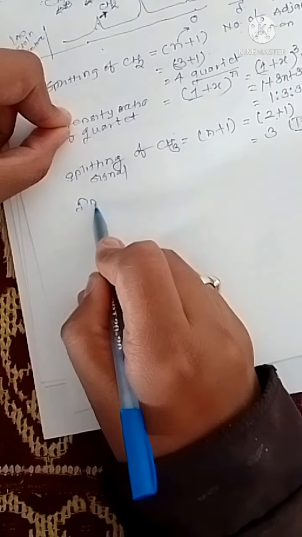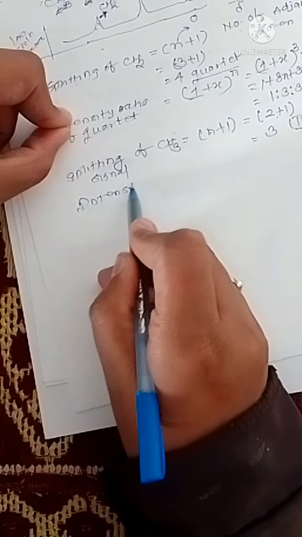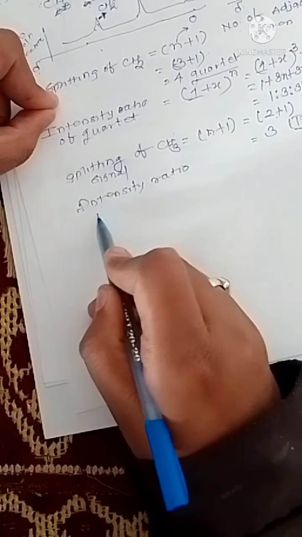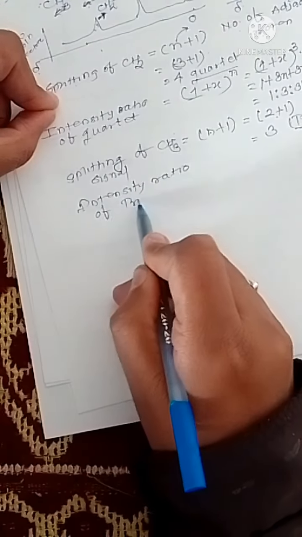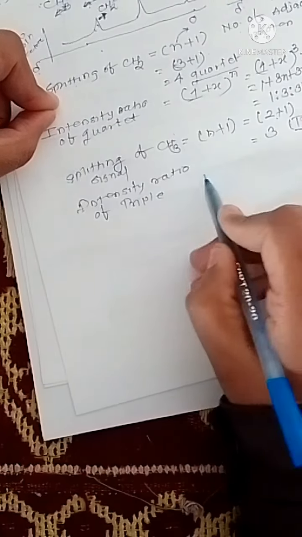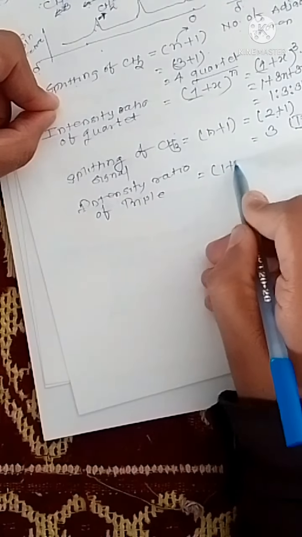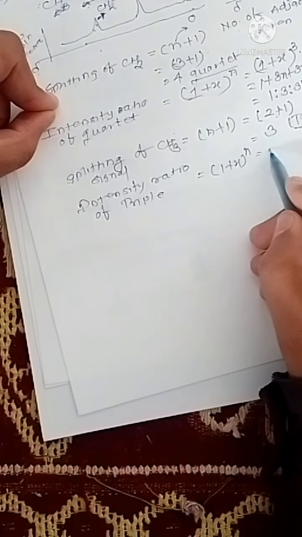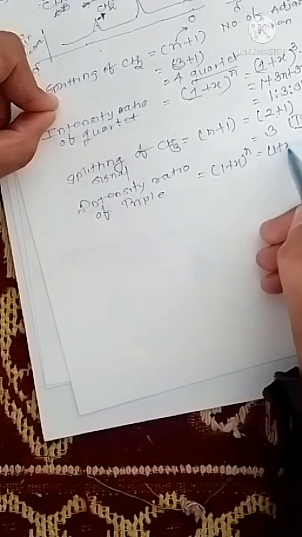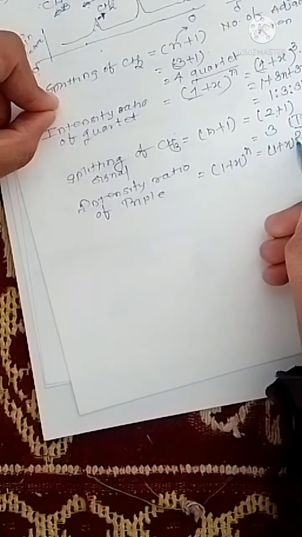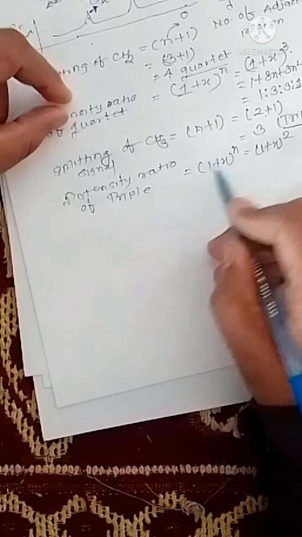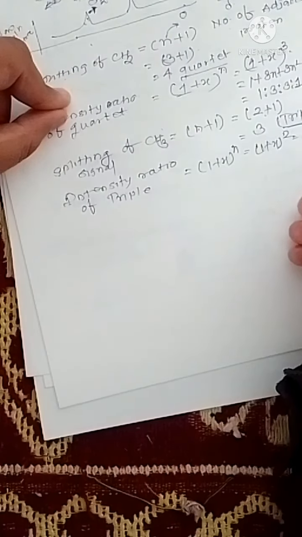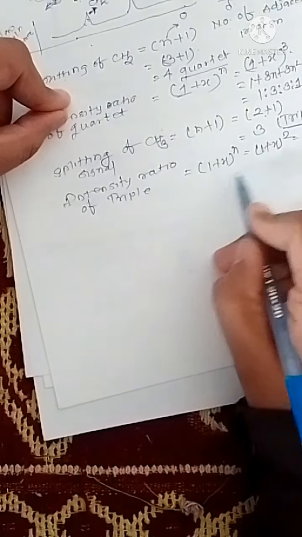Now how is the intensity calculated? Intensity ratio of the triplet is again (1 plus x) raised to the power n. So n value is 2 here. We get 1 plus 2x plus x square.